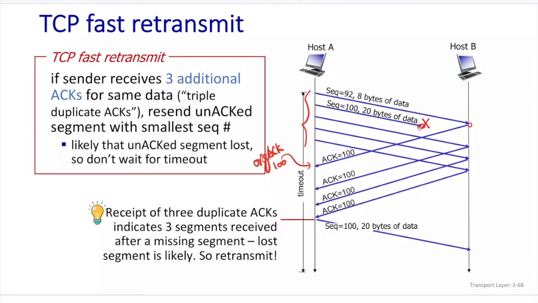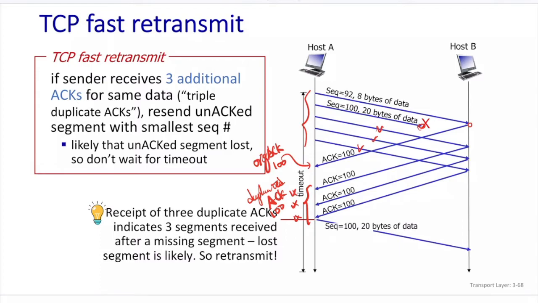But the second packet right here gets lost, and the third, fourth, and fifth ones are received by host B. But since TCP uses cumulative ACK, at this moment all three packets can only send duplicated ACK 100, 3 times.